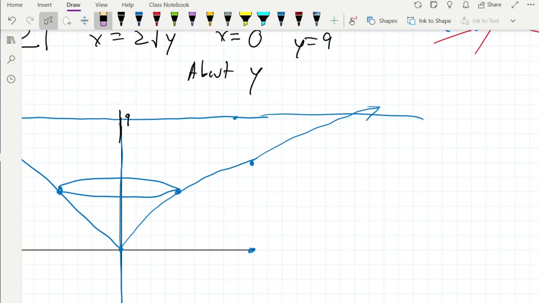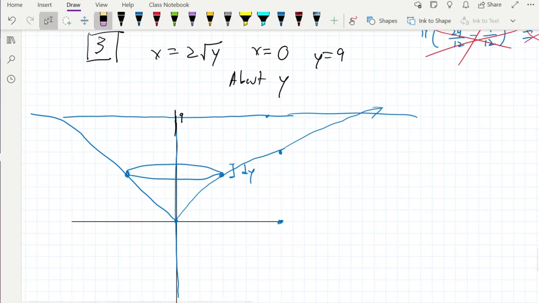Which means we're going to have to solve for dy right here. And our radius, r equals x. So that means r equals x, which equals 2 root y.